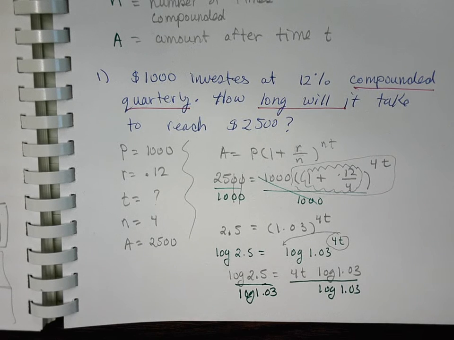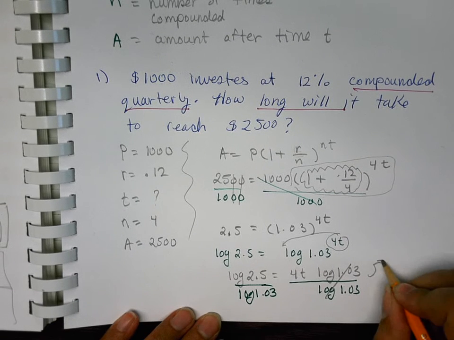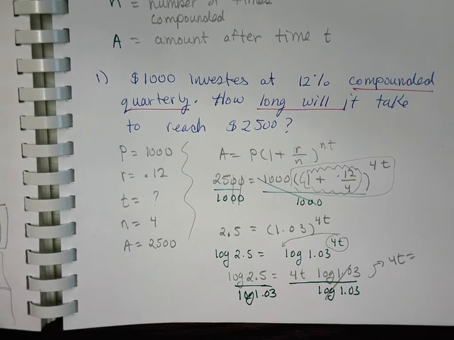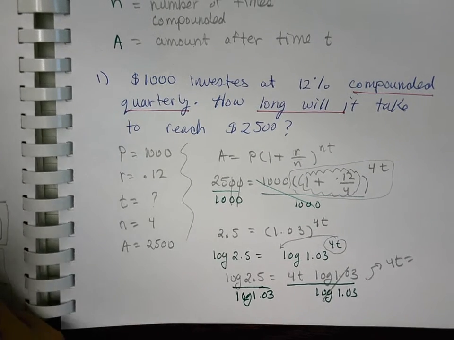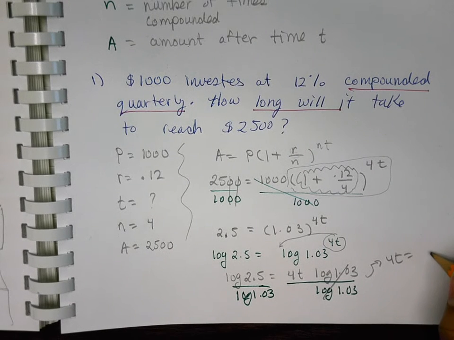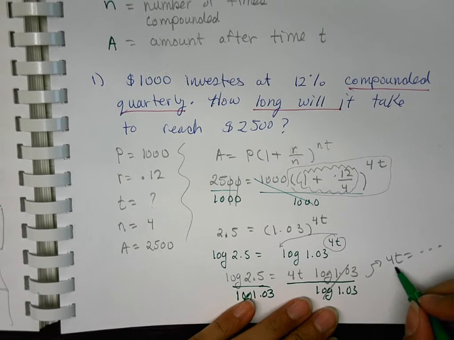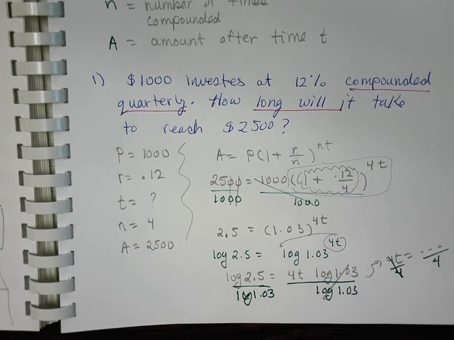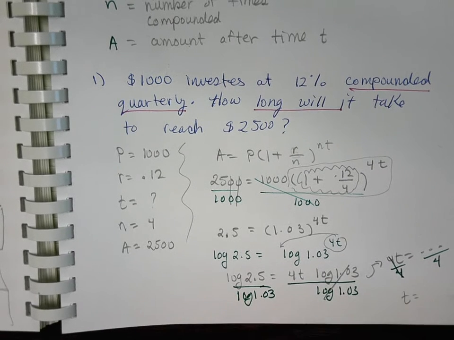All right, 4t equals that. Can you guys plug that in your calculator? Is it a long decimal? Yeah, I'm just going to put dot, dot, dot here. You don't even have to write it down. What are you going to do to both sides? Leave that long number in your calculator and divide by 4. Then round to 3 decimal places.